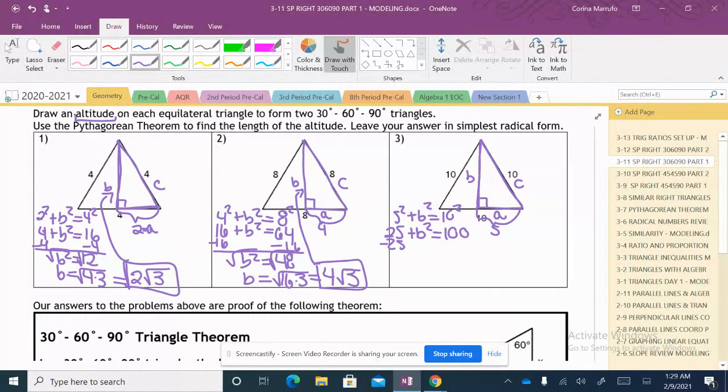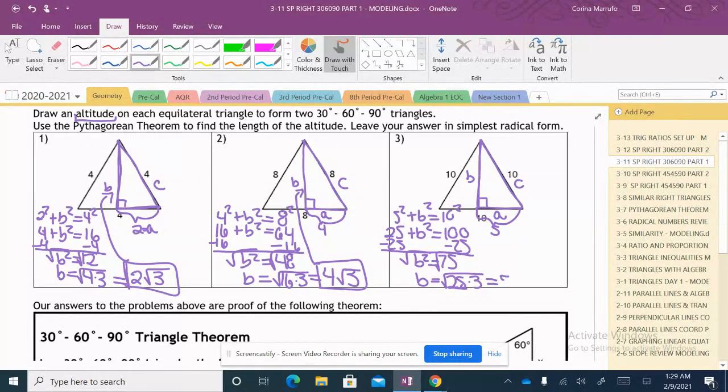We move over the 25, and we get B squared equals 75. We take the square root. We can't take the square root of 75 and get a whole number, so I'm going to break it down into 2 numbers. 25 times 3 gives me 75. Remember, when we pick factors of 75, one of them has to be a perfect square, a number that you can take the square root of and still get a whole number.